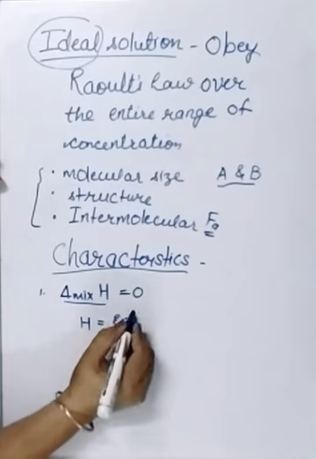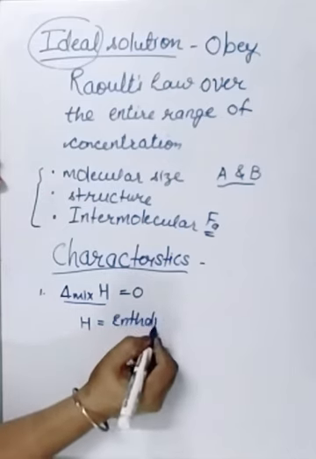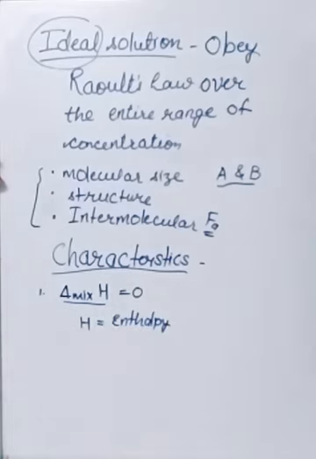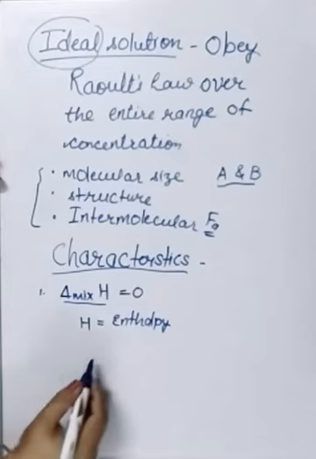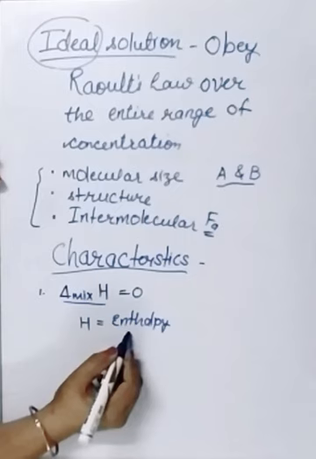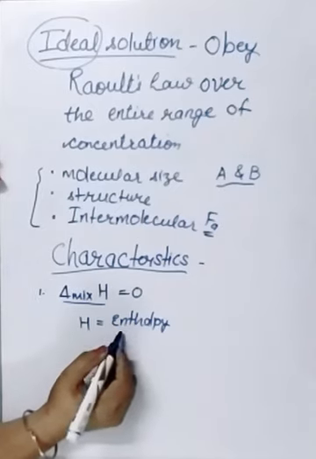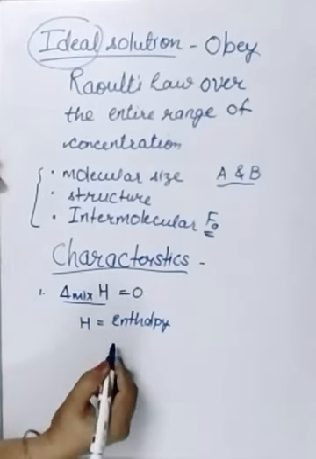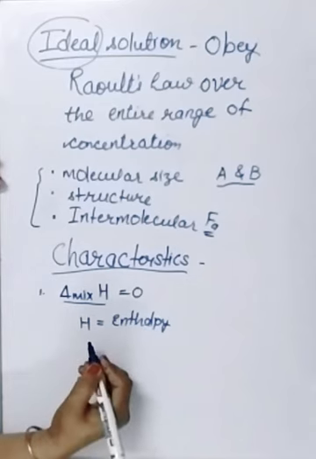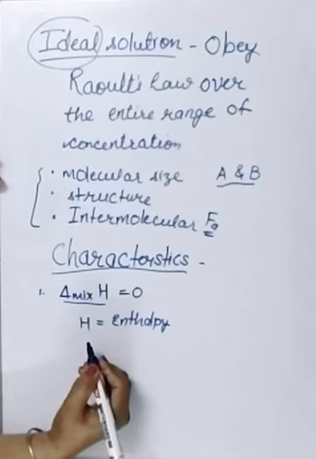We all know enthalpy is the heat content of the system. Enthalpy is a state function depending upon the final state and initial state. So the total enthalpy before the mixing of components and the total enthalpy after the mixing of components, that is the formation of solution, should be the same.